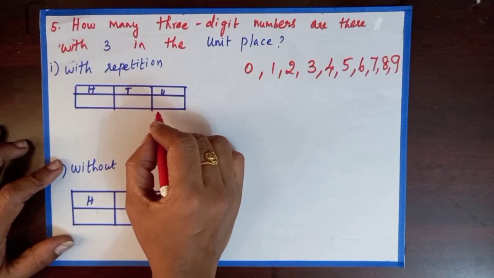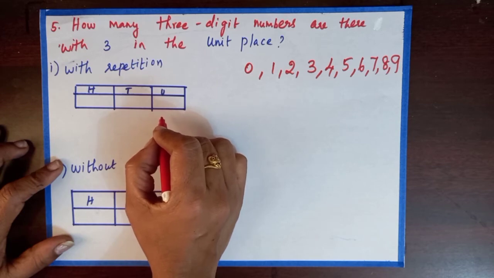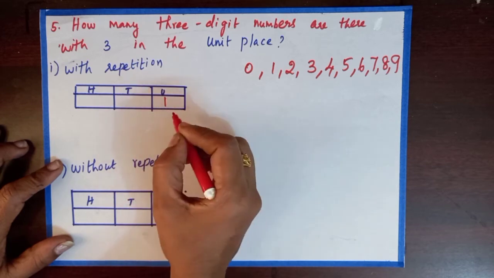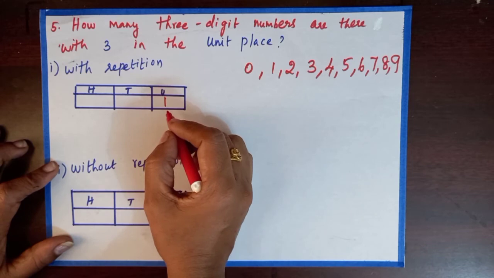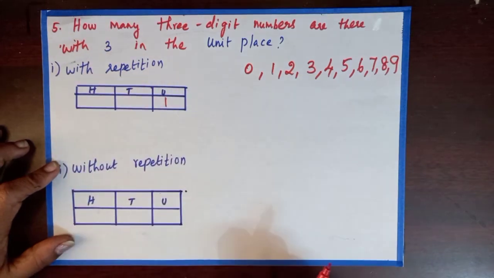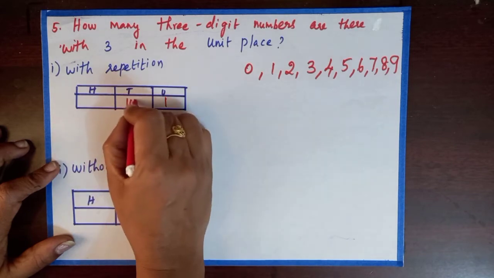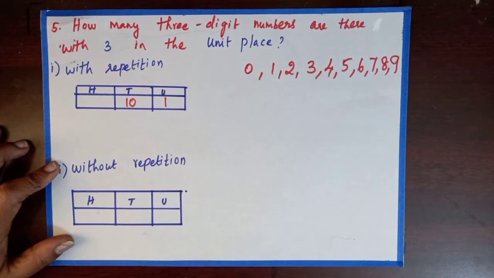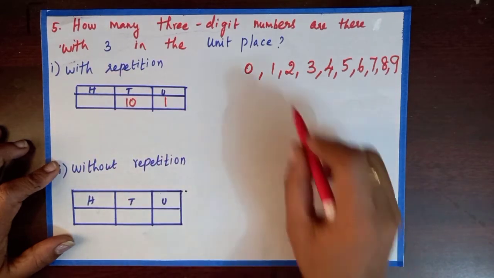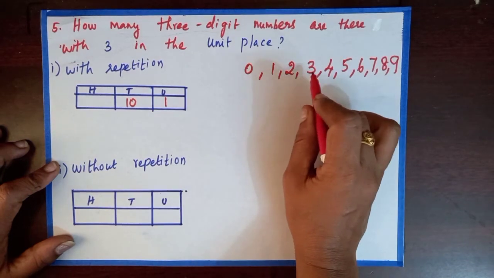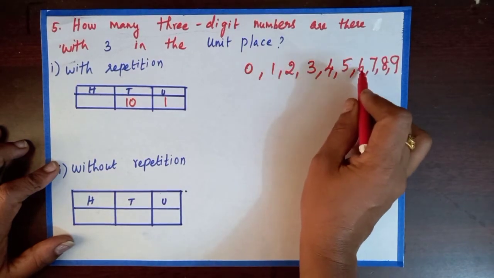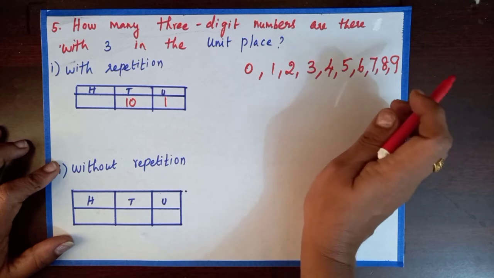So the unit place can be filled in only one way using 3. Since repetition is allowed, the tens place can be filled in 10 ways using any one of the digits from 0, 1, 2, 3, 4, 5, 6, 7, 8, 9.